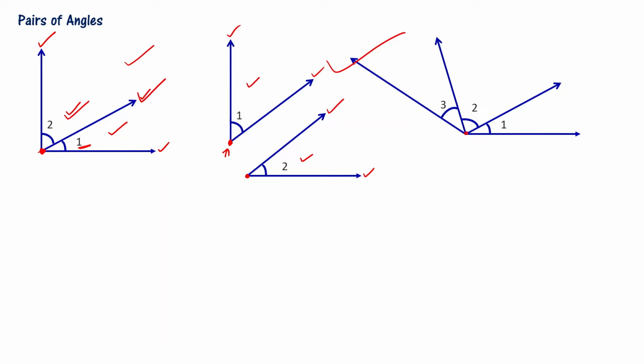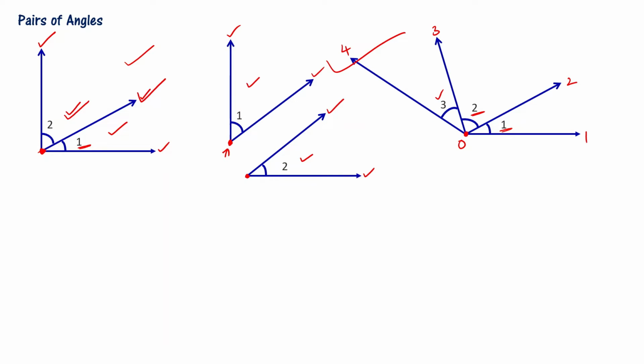Let us look at this figure. Here, I have the vertex. Let me call this as O. From O, there are multiple rays, ray 1 and ray 2 coming and forming an angle 1, right? Ray 2 and ray 3 are coming and forming angle 2. Ray 3 and ray 4 are forming an angle 3.